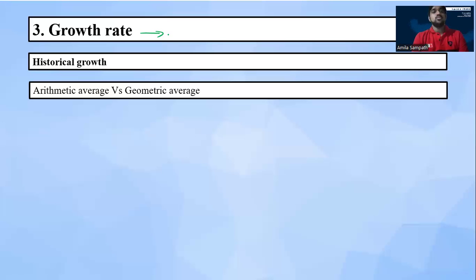Somehow I decided to do the growth rate calculation part, or the identification of growth rate, as part of my video tutorial series. Growth rate is important when we forecast our financial statements. For forecasting purposes, it is more important.